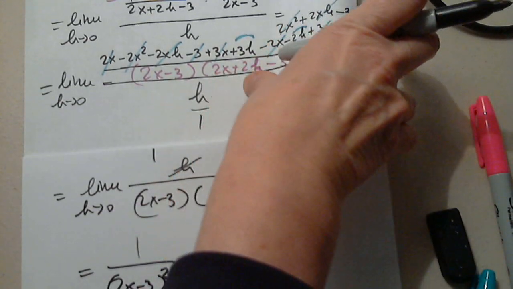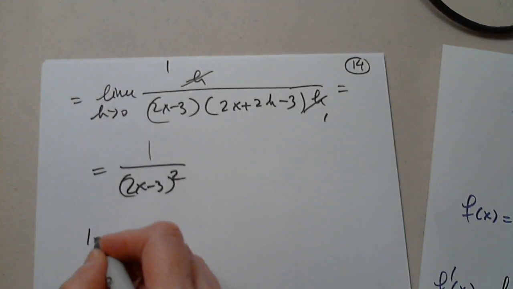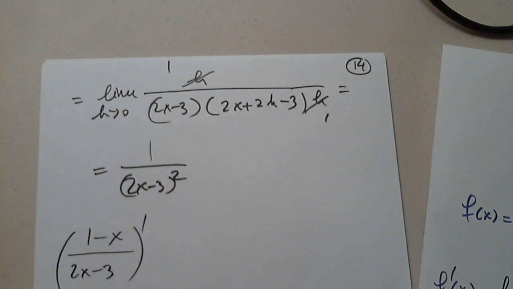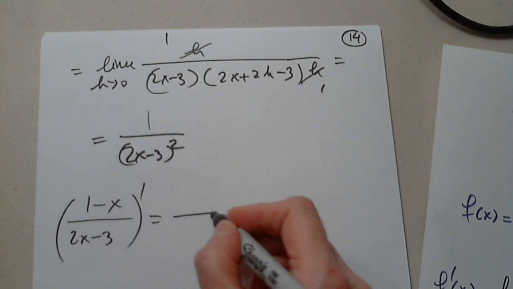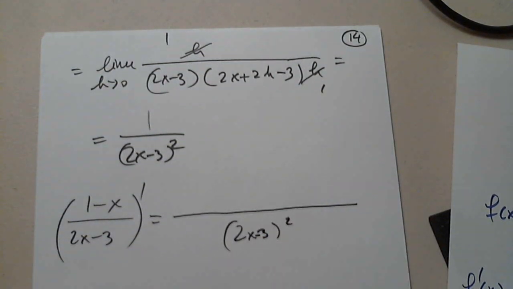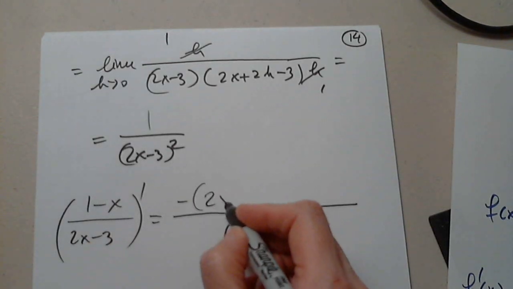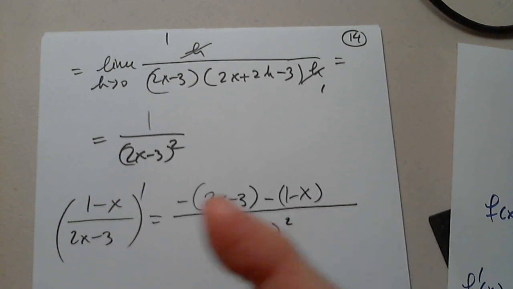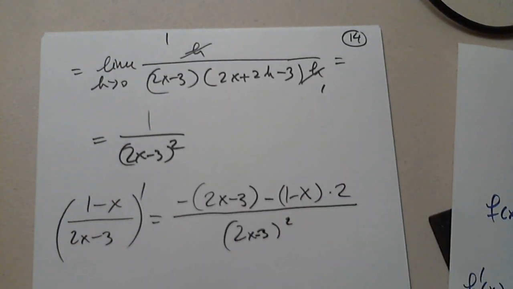Now, to make sure that my calculations are correct, I'm going to apply the quotient rule on this. If I don't get this, I'm in trouble. So 2x minus 3, squared. The top prime is -1 times the denominator minus the top times the denominator prime, which is 2.